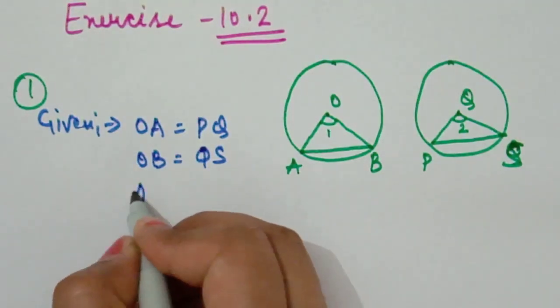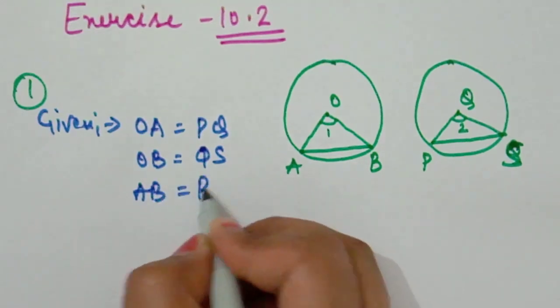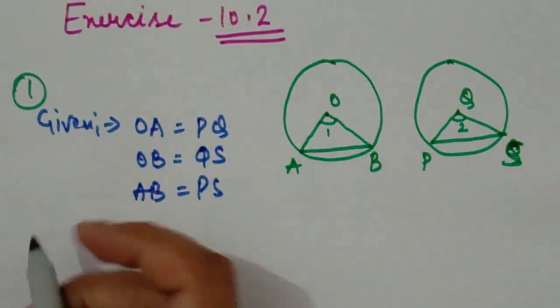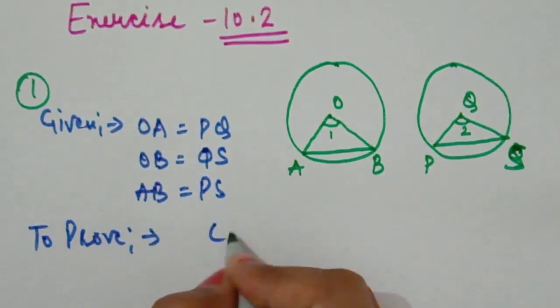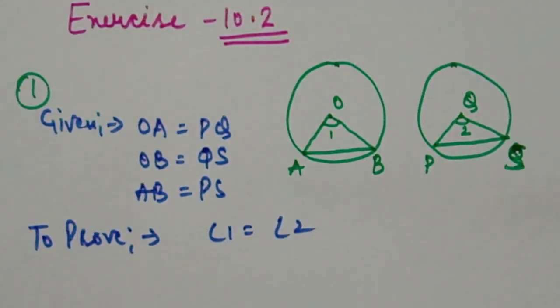And one thing is already given, AB is equal to PS. We have to prove angle 1 is equal to angle 2.